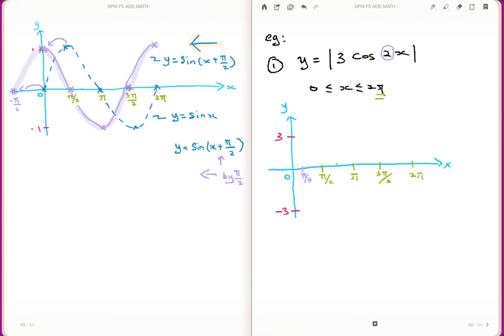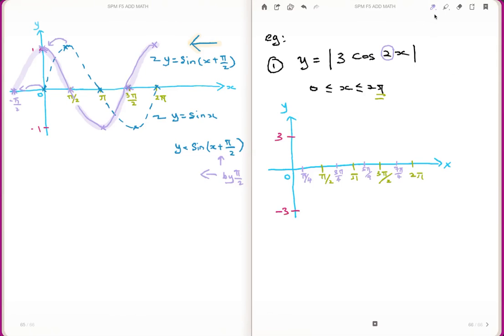So here: 1 pi over 4, 2 pi over 4, 3 pi over 4, 4 pi over 4, 5 pi over 4, 6 pi over 4, 7 pi over 4, 8 pi over 4 is 2 pi, so it's correct.